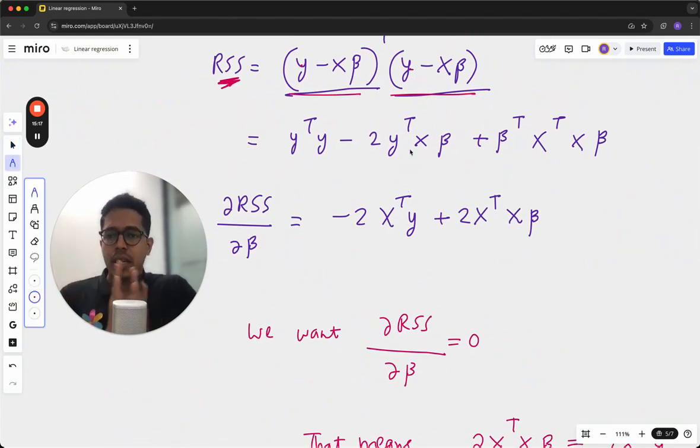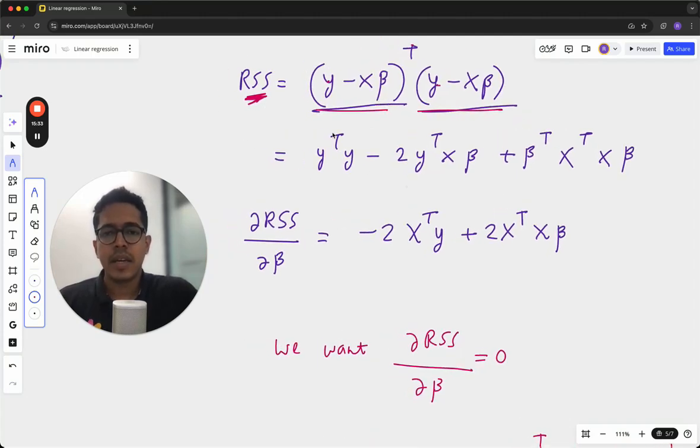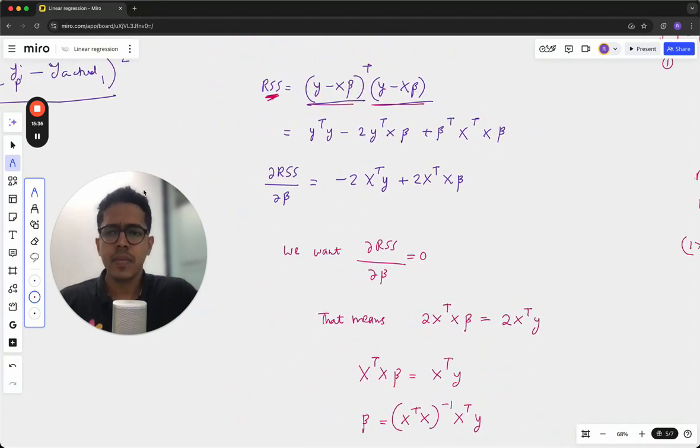Now, what is our goal? Our singular goal in linear regression is to minimize the sum of residual squares. And how do we find the minimum? It's an extremum, which means you just find dou RSS by dou beta. So that is dou by dou beta of this term. You can already see that term 1 has no beta term.